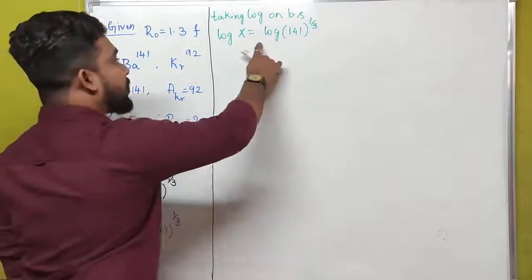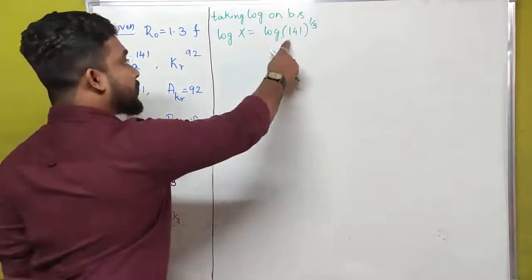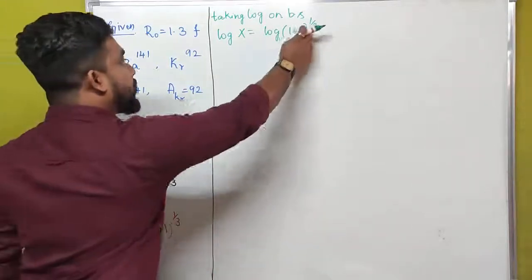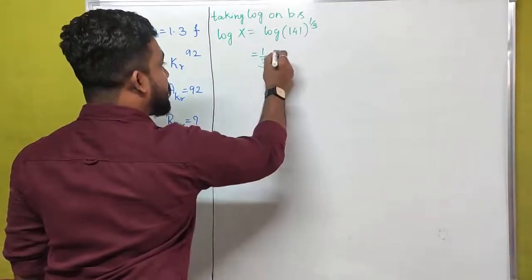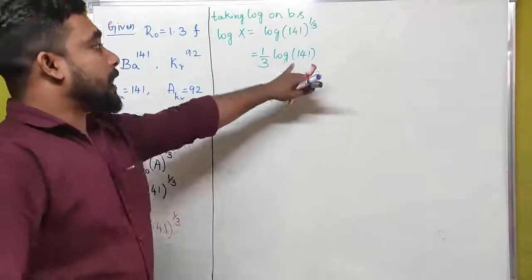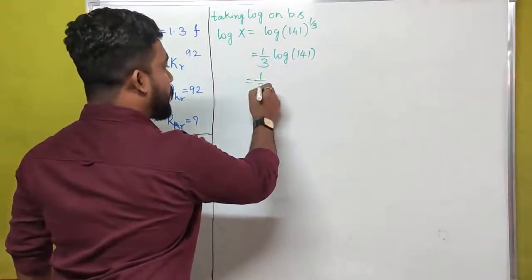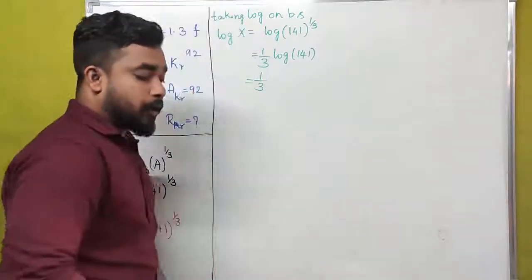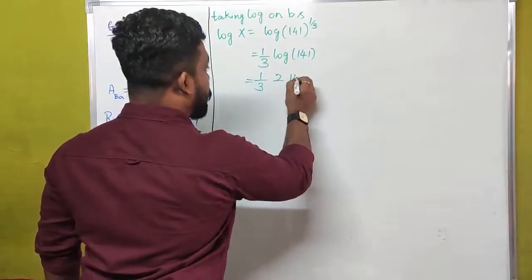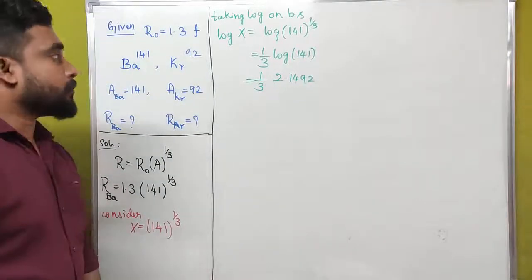Now we know that log x to the power of n can be written as n into log of x. Then what will it become? This is 1 divided by 3 into log of 141. If we calculate the value of log 141, what will it be? Log of 141 is equal to 2.1492.